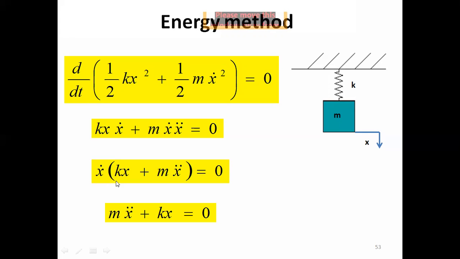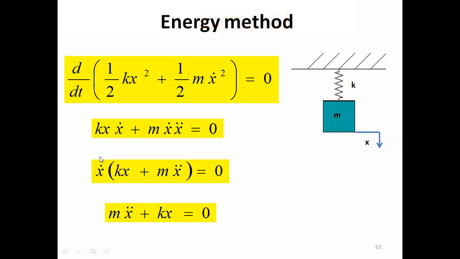Now, again, this is a mathematical equation which is saying that either x dot is equal to 0 or the quantity inside the bracket is equal to 0 at all times during the vibration. So either this quantity is 0 or this is equal to 0, or both are equal to 0. But if you look here, x dot is velocity.